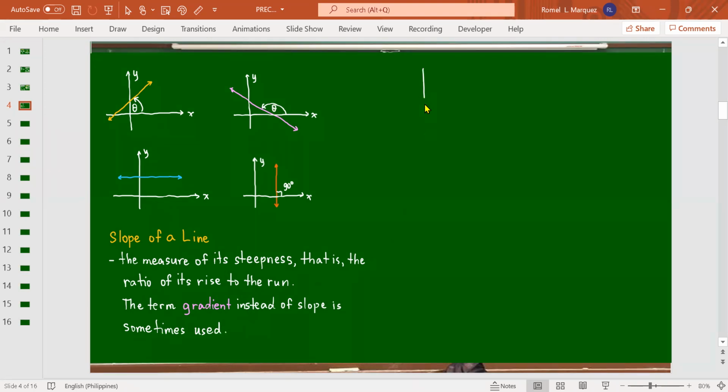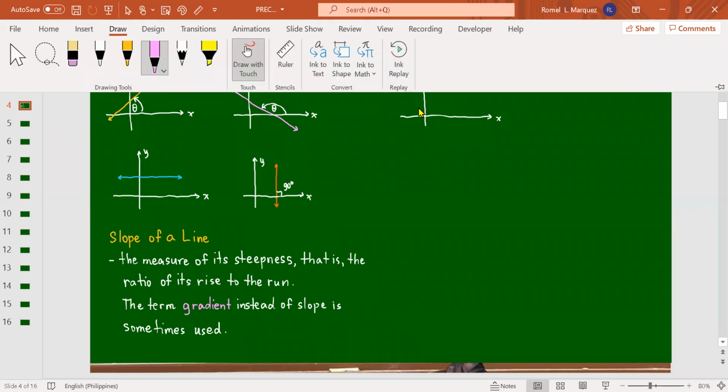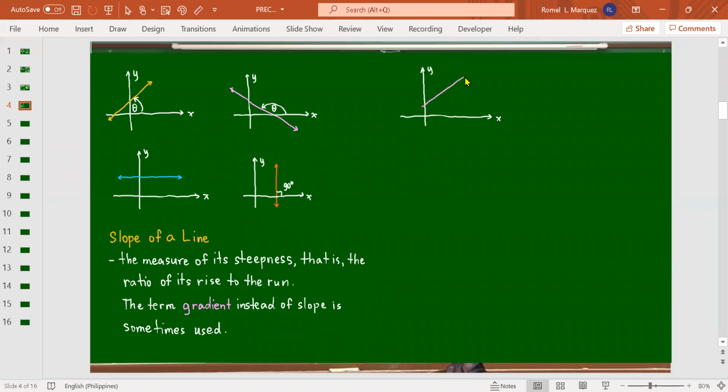So, to illustrate, if I have this line, let's take 2 points on this line.